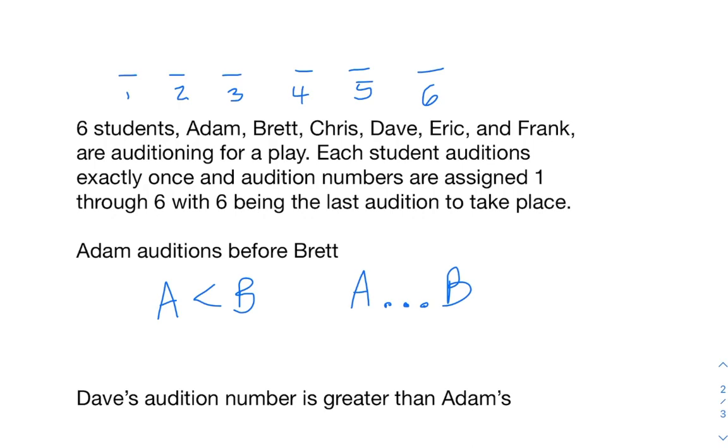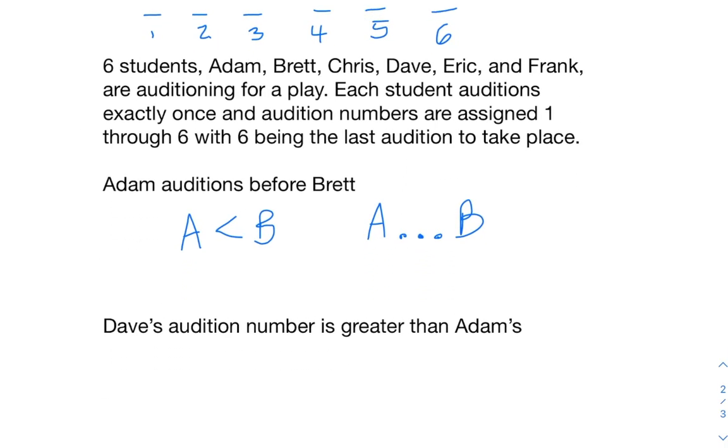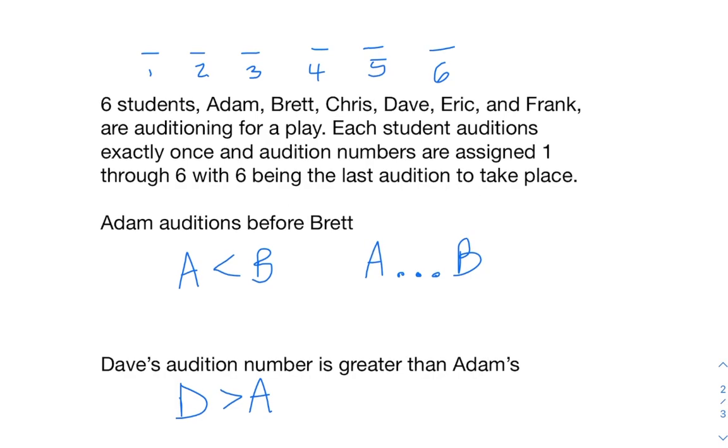So Dave's audition number is greater than Adam's. A lot of us would depict this as D is greater than A, which is correct. That's true based on the rule. However, if we look at that left to right alignment, it allows us to potentially introduce a mistaken interpretation of the rule, because we have entity D to the left of A, which in our master sketch up here would suggest that D is actually going to be of a lower number than A if you look at it in order from left to right.